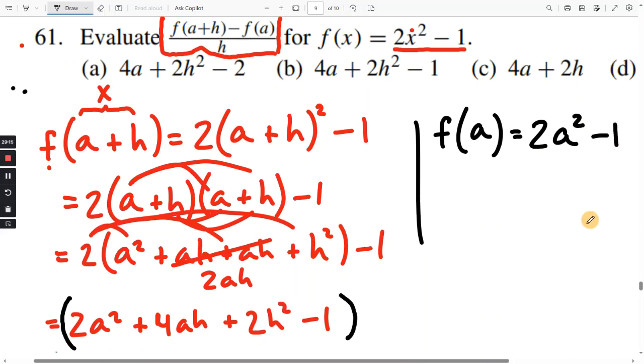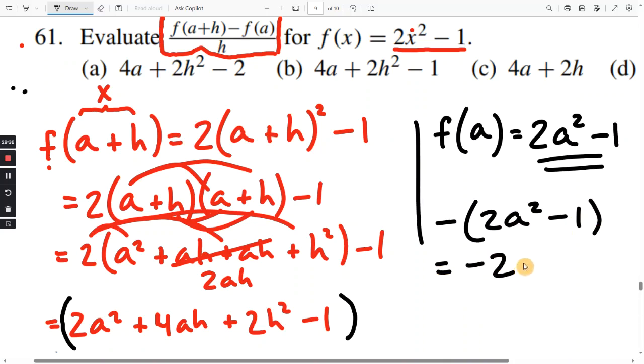All right, so this f of a plus h, you subtract f of a. So we're going to subtract this. Let's write it right underneath. It's going to be minus 2a squared minus 1. So in other words, it's going to be minus 2a squared.